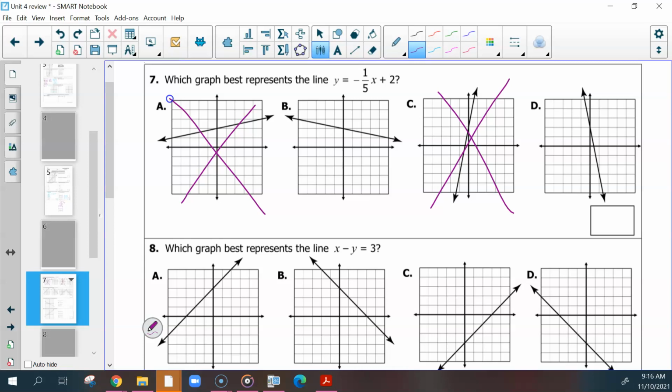B. And I could look at that and see here it goes through the grid lines exactly, so does here and here. If I count that, I'm going down 1 to the right 5, or up 1 to the left 5. So B would be my answer there.